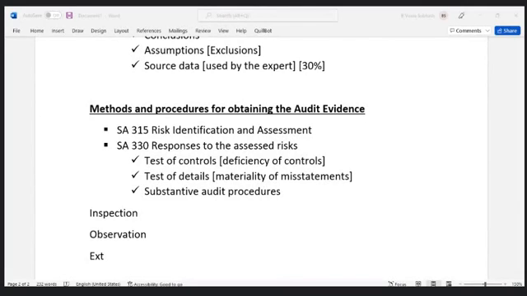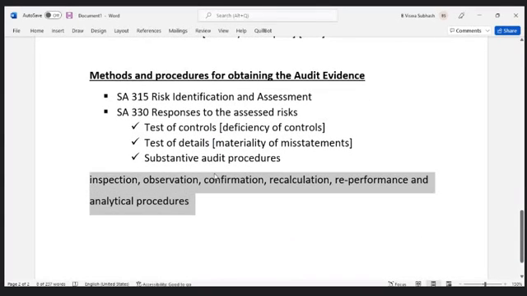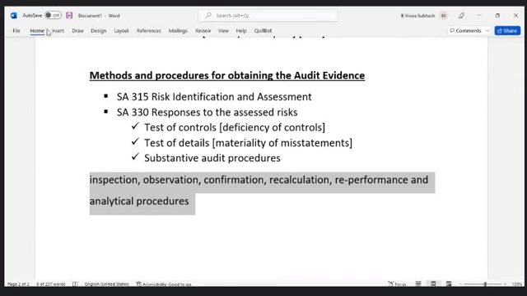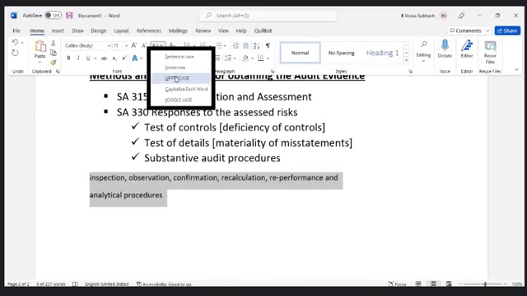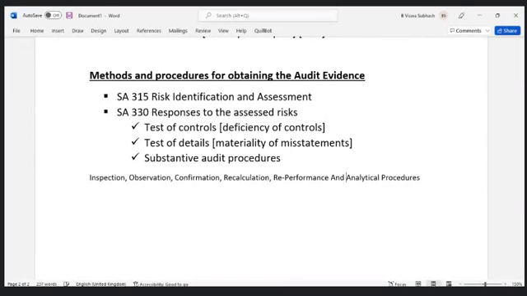Inspection, observation, confirmation, recalculation, reperformance, and analytical procedures. These are the methods in which you get the audit evidence.